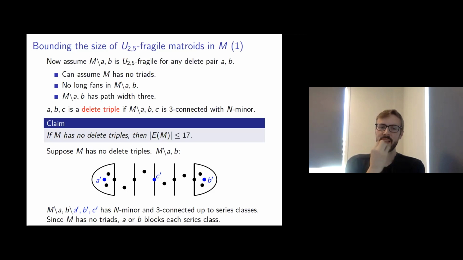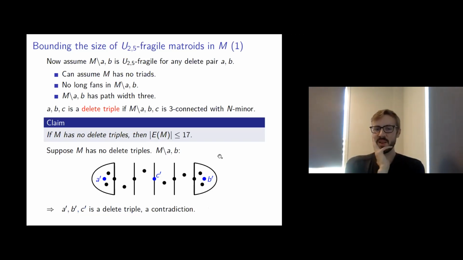But we know that the matroid M that we started with has no triads. So if you were to put back A and put back B, any triads that you might have had no longer exist; A or B are blocking these triads, which corresponds to blocking series classes, because we've chosen A prime, B prime, C prime in a way that there are no interactions between these other than triads from your original M delete AB.